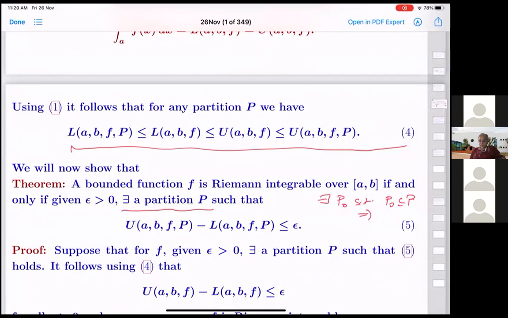So, given an epsilon, there is a partition P of A to B. Likewise, there is a partition of B to C. Put the two together, you will get a partition of A to C. And this gap will be at most 2 epsilon. So, if you want epsilon, then you start with epsilon by 2's. So, the proof can be worked out for that exercise in different ways. Okay.